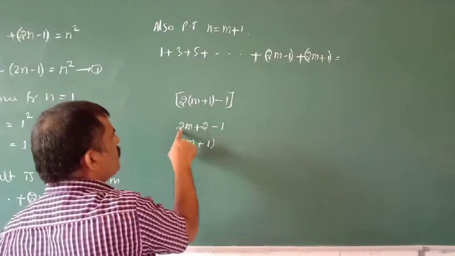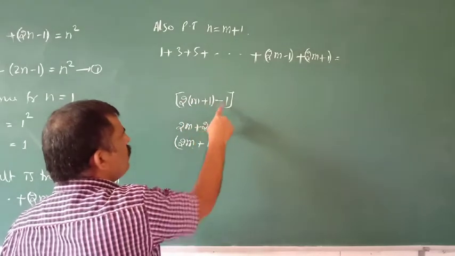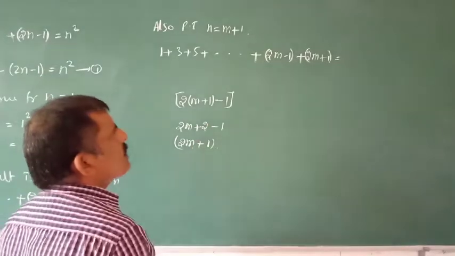So 2 into m is 2m, 2 into 1 is 2, minus 1, so the term being added is 2m plus 1.